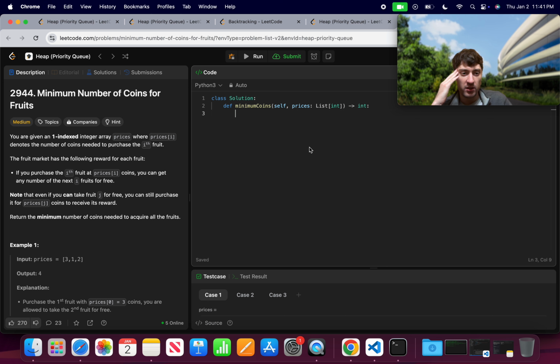I'm seeing find minimum. It's a minimizing problem, therefore that should give me some indication of what algorithm I should use. Return the minimum number of coins needed to acquire all the fruits.